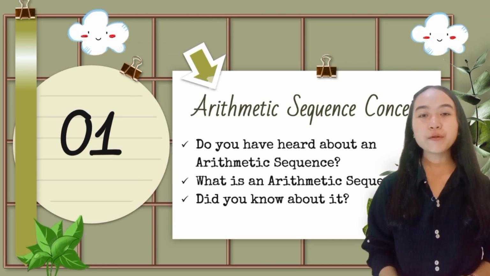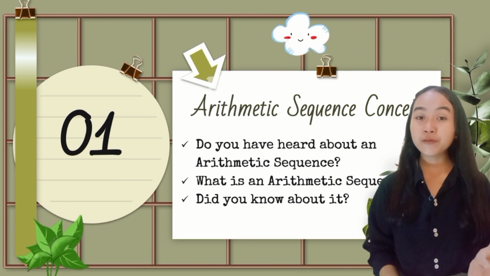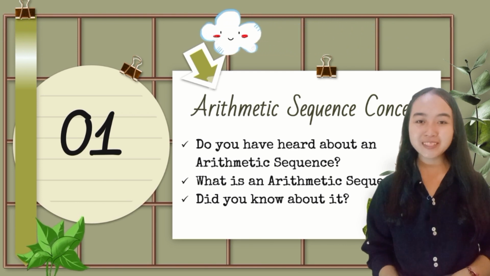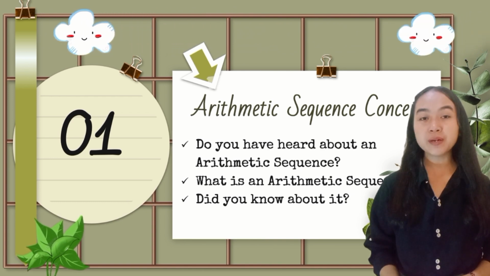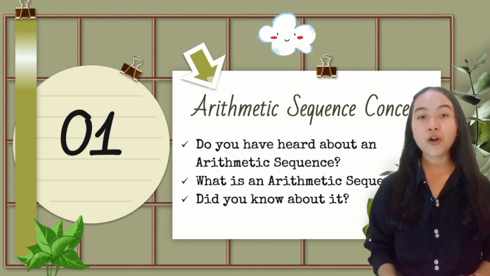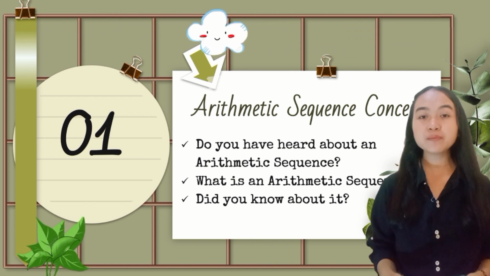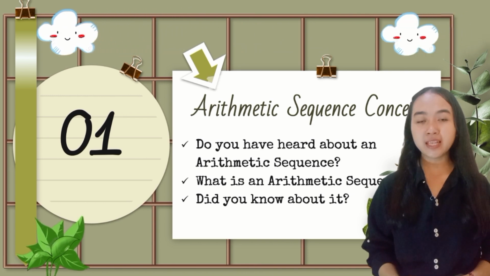Okay, first, we will learn about the arithmetic sequence concept. Have you ever heard about arithmetic sequences? In mathematics, a list of numbers is known as a sequence. Sequences are often defined according to some rules that determine which number will appear in the list.